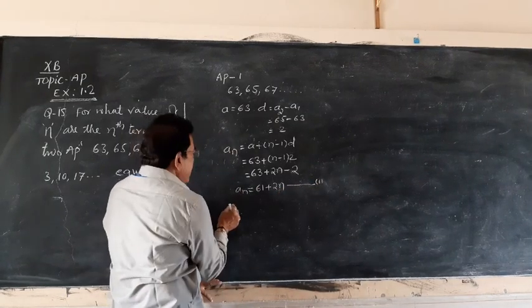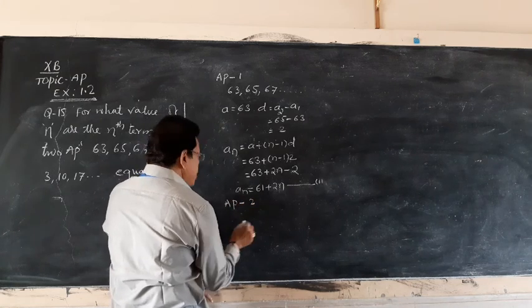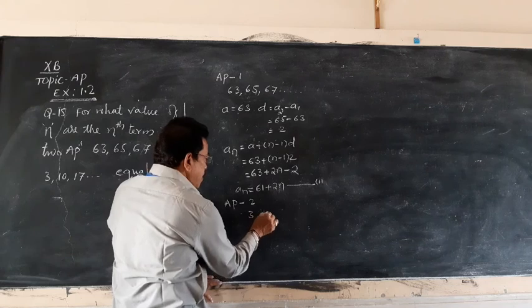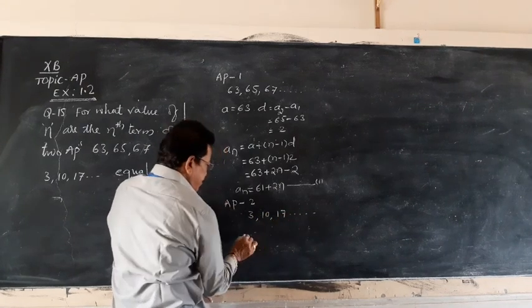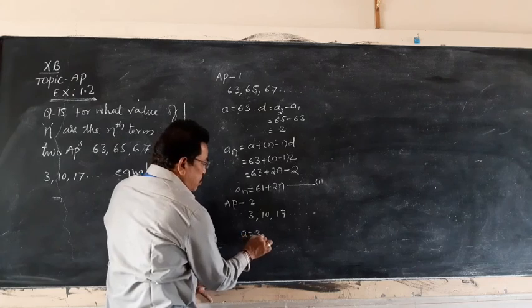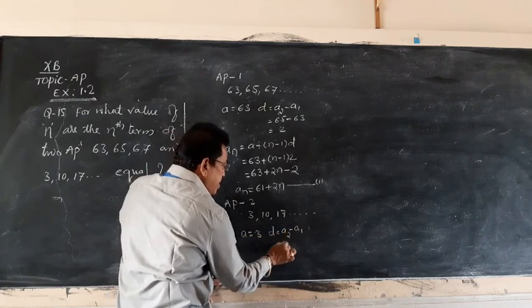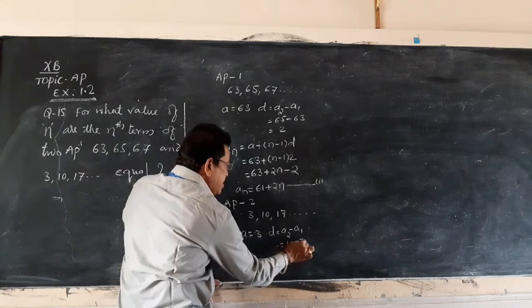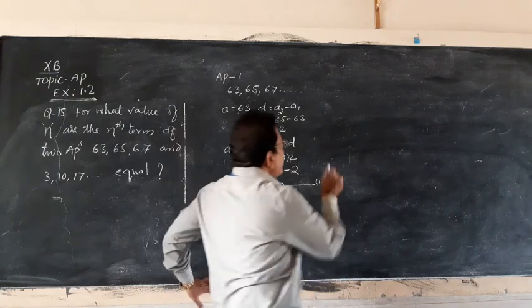Then the second, AP2: 3, 10, 17, and so on. A equals 3, D equals A2 minus A1, that is 10 minus 3, which is equal to 7.